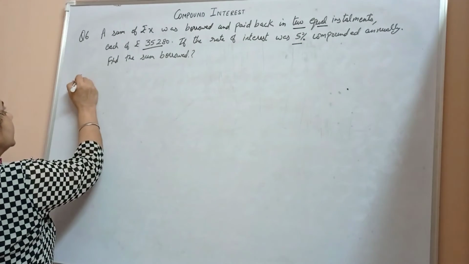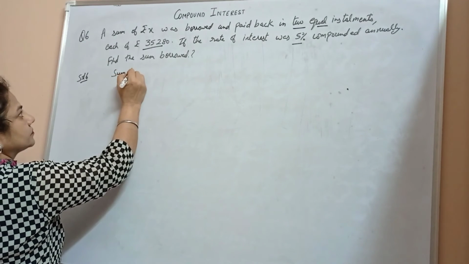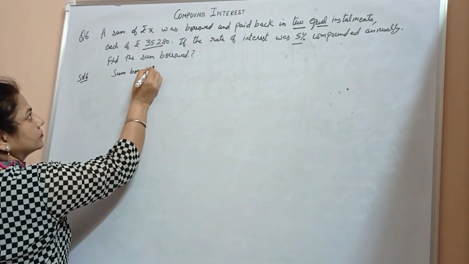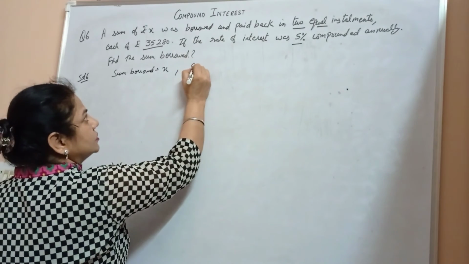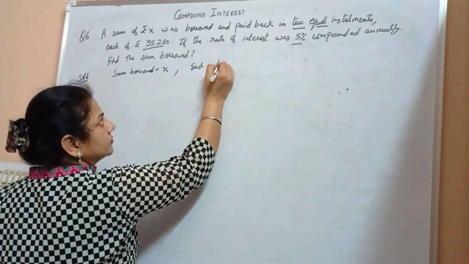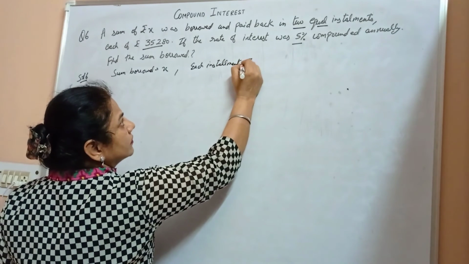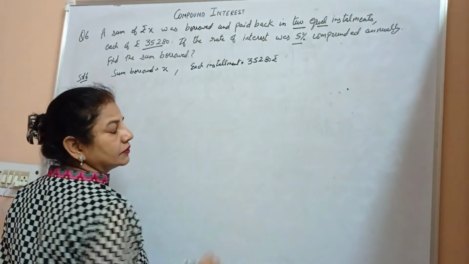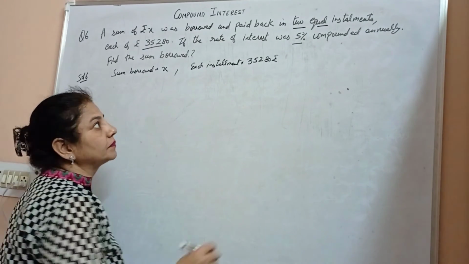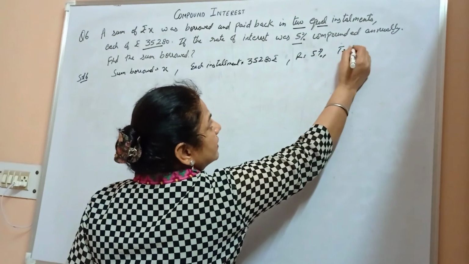So here we will write: sum borrowed is X, each installment is 35,280 rupees, rate of interest is 5%, time period is 2 years.